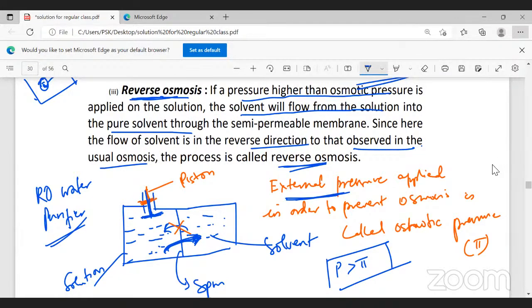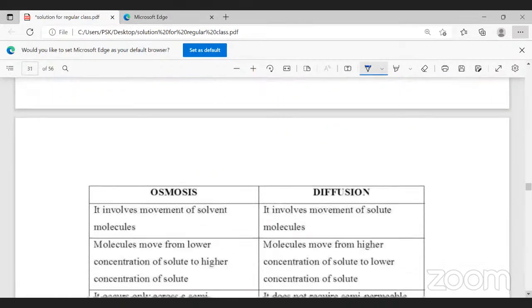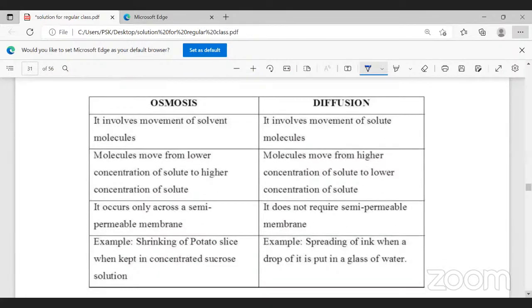Yes. Now, coming to the difference between osmosis and diffusion. Osmosis is movement of solvent molecules, only the solvent molecules. Diffusion is a movement of solute molecules. In osmosis, molecules move from the region of lower concentration to the region of higher concentration. In diffusion, molecules move from a higher concentration to the region of lower concentration.